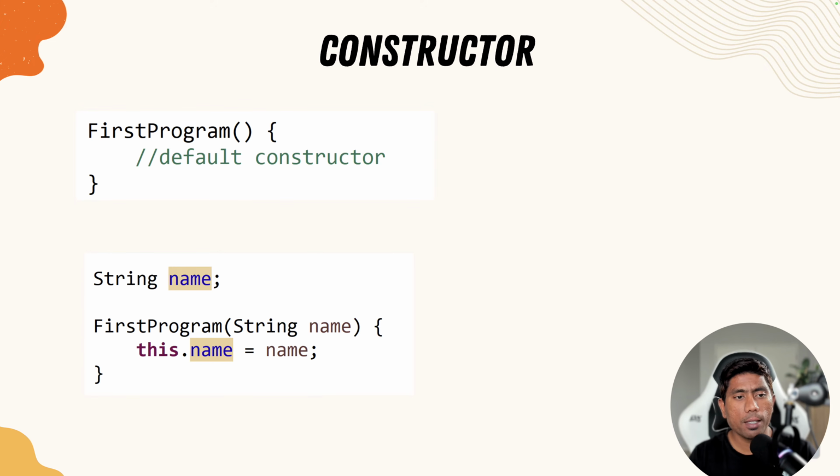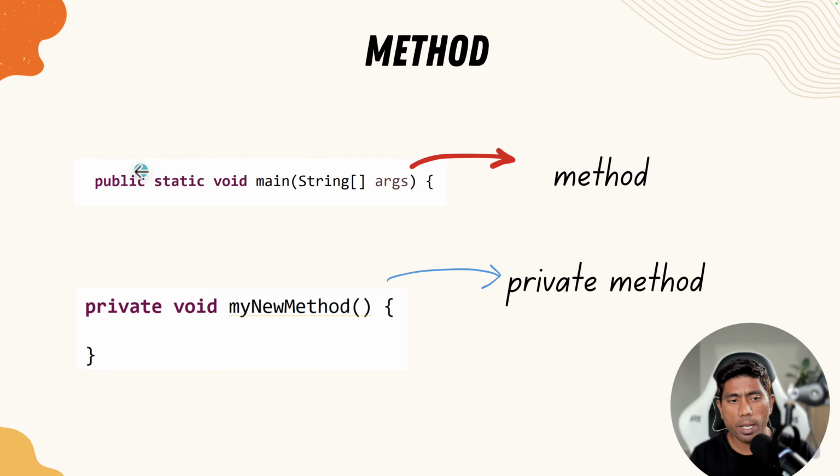So you can see that this constructor is entirely different from the method signature, because in the method, as you can see over here, we have something like an access specifier like private, protected, or public. It also has a return type like a void return type or string type or integer type.